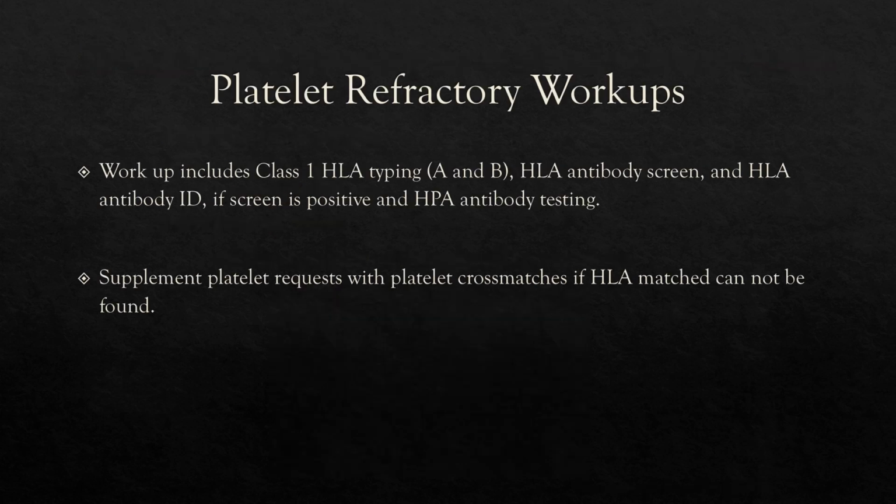Platelet refractory workups will include Class 1 HLA typing, HLA antibody screen, and an HLA antibody ID if the screen is positive, and HPA antibody testing if needed. While transfusions are necessary, supplement platelet requests with platelet cross-match platelets if HLA match cannot be found.